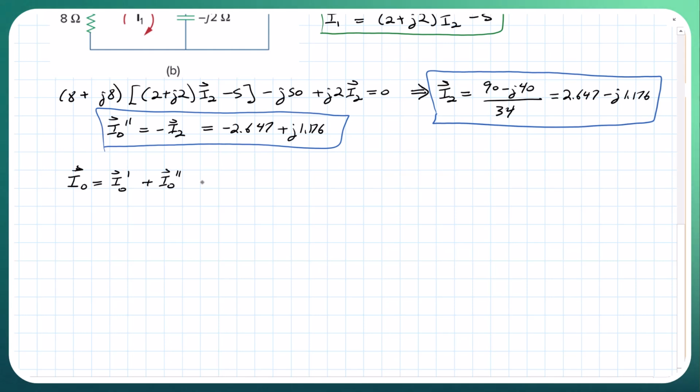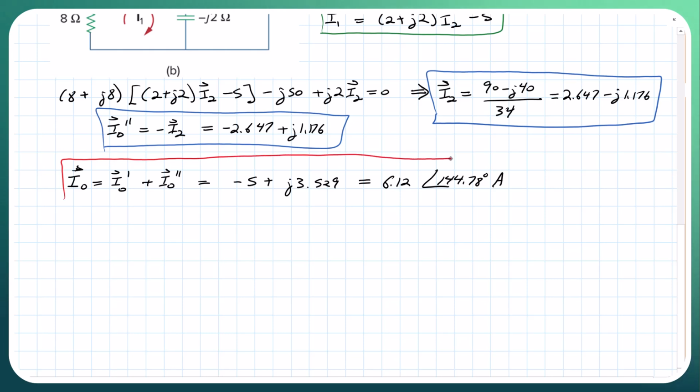That's just going to be minus 5 plus j3.529, and this equals 6.12 at 144.78 degrees amps. This is going to be our final answer, and it should be the same as the solution you came up with in the previous example 10.3, where you did the mesh analysis.